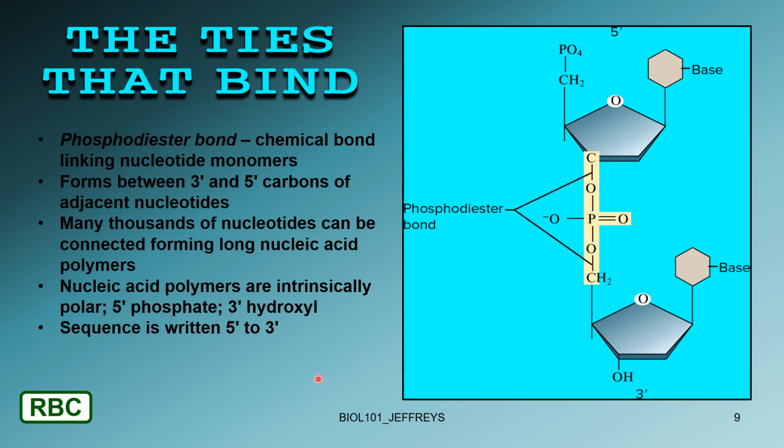And so nucleic acid polymers are intrinsically polar, and that means you have a 5' end and a 3' end, and so you have this phosphate on the 5' end of the strand and this hydroxyl group on the 3' end of this strand. And the sequence is always written 5' to 3', okay? And this will become more, I think, comprehensible when we look at a longer strand.